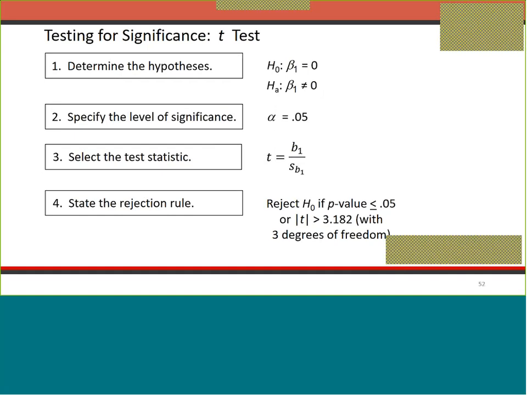So the procedure in the t-test is like this. The null hypothesis is no relationship, beta 1 equal to 0, and the alternative hypothesis is beta 1 not equal to 0, there is a relationship. Next, specify the level of significance alpha, that is 0.05.